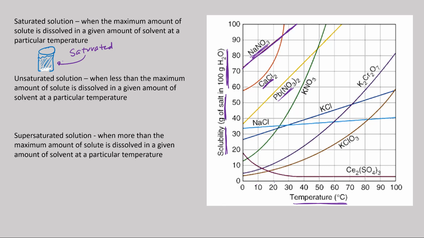Now, as far as the graph goes, if it falls on the line, so we're just going to talk about potassium nitrate, if it falls on the line, that means that solution is saturated. So at 10 degrees Celsius, if we put 20 grams of potassium nitrate in 100 grams of water, it would be saturated.